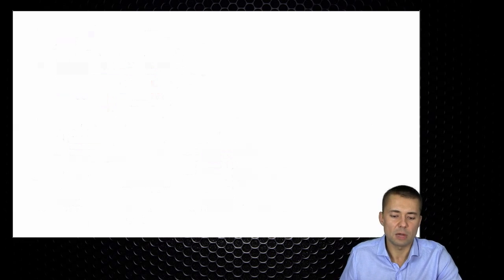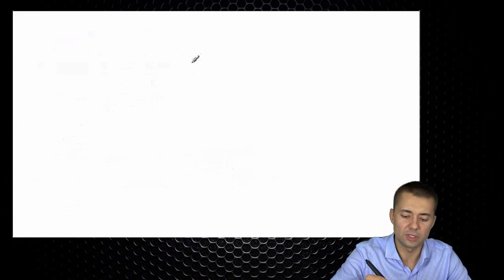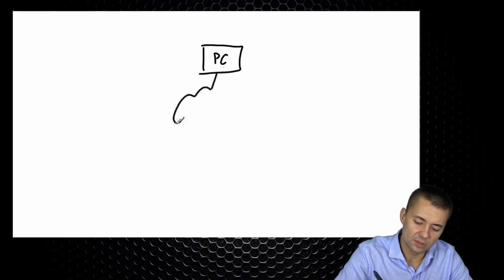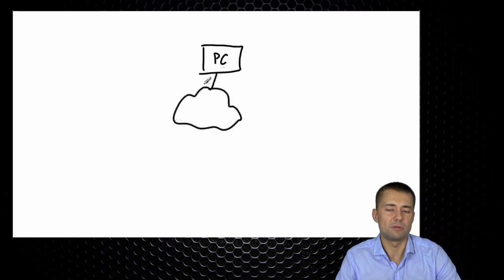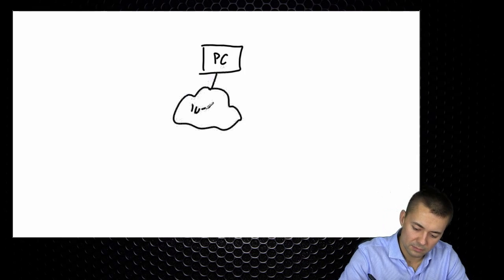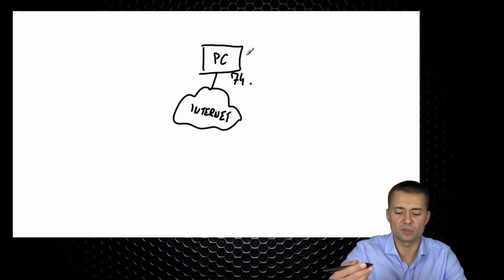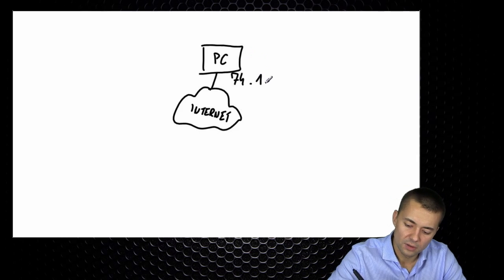Okay, the topology that I will be using in this recording is really simple. We have a workstation that is connected to a cloud that emulates the internet. The session is going to be coming from 74.1.5.200.